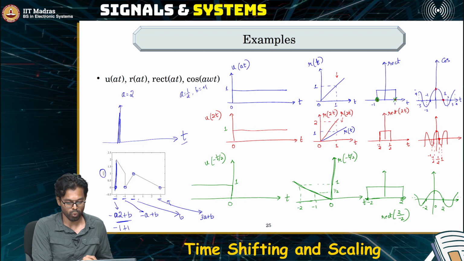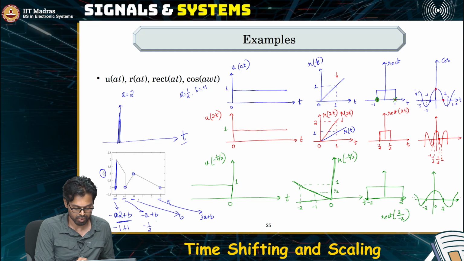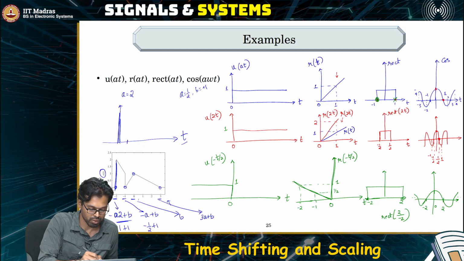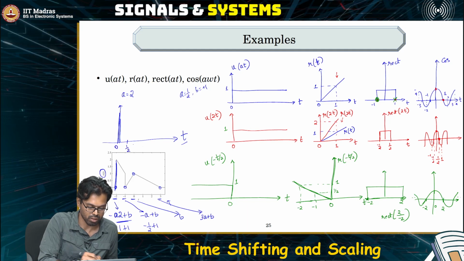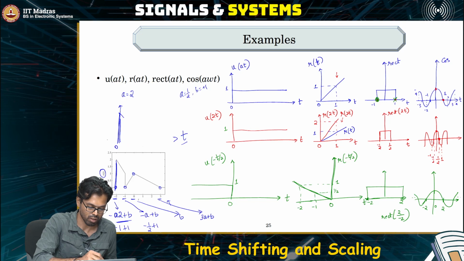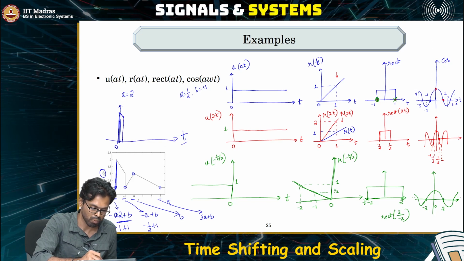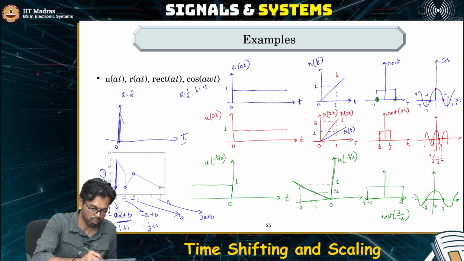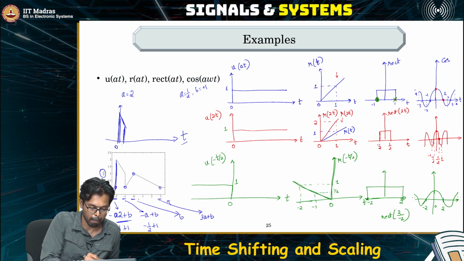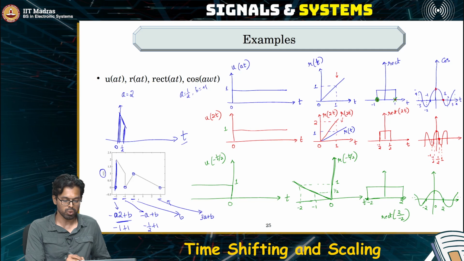The point minus 1 now moves to minus half plus 1, which is plus half. Okay, this is 0, this is plus half. Now the 0 point moves to plus 1.